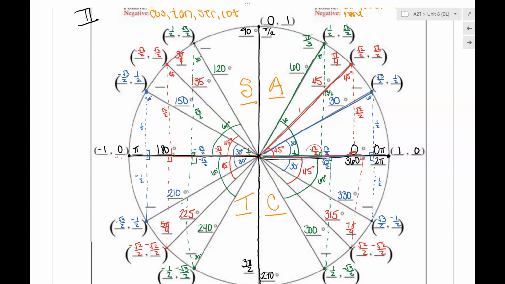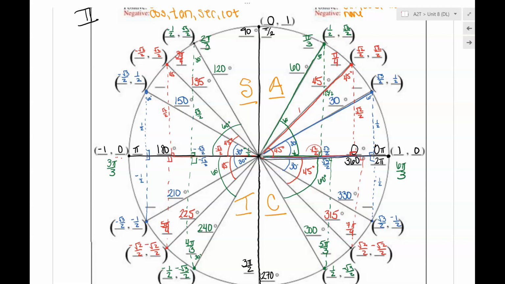So pi over 3, 2 pi over 3, 3 pi over 3, which reduces, but for the purpose of right now, keep it. This is 4 pi over 3, 5 pi over 3, 6 pi over 3, which absolutely reduces to 2 pi.